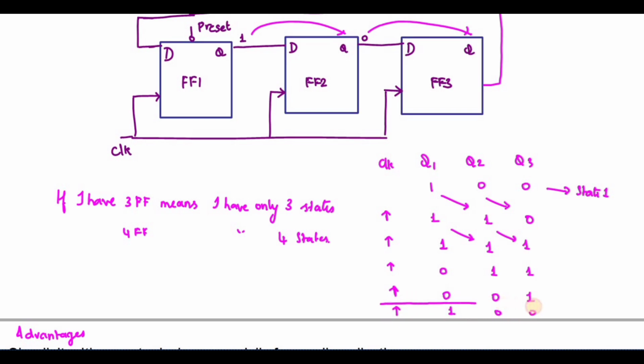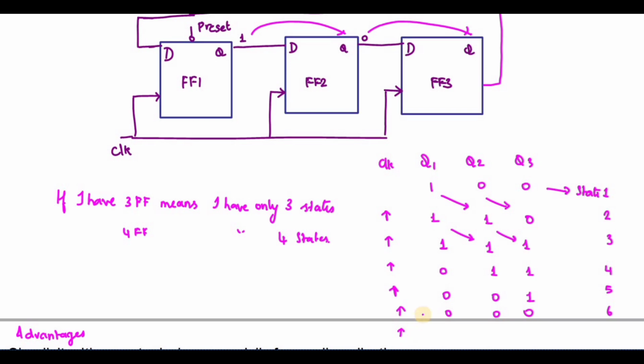So since I have used 3 flip-flops, instead of getting 3 states, I am getting more states. Sorry, this is 0, 0, 0.